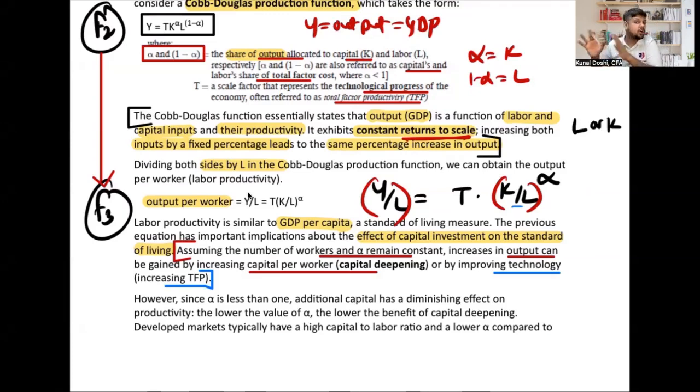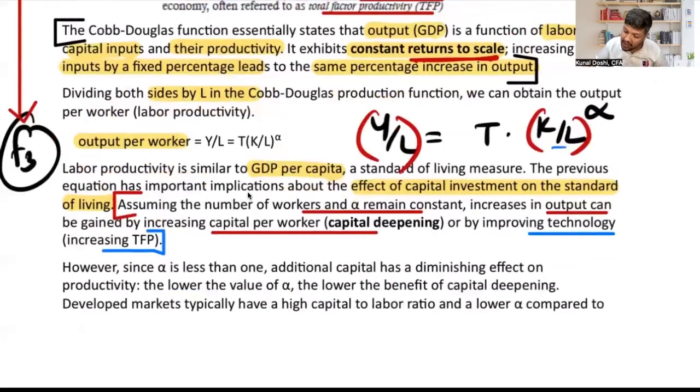TFP is technological progress, or total factor productivity. Whenever the GDP at a fixed amount of labor is increasing due to capital per worker, that's called capital deepening. And due to technology it is called TFP, or technological progress, or total factor productivity.